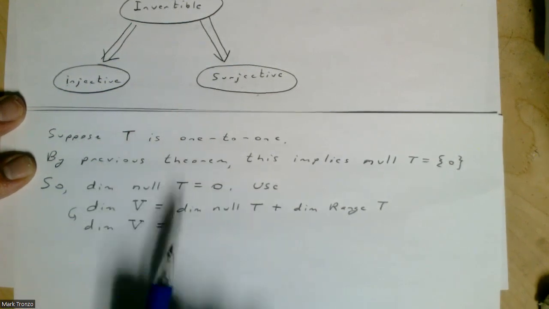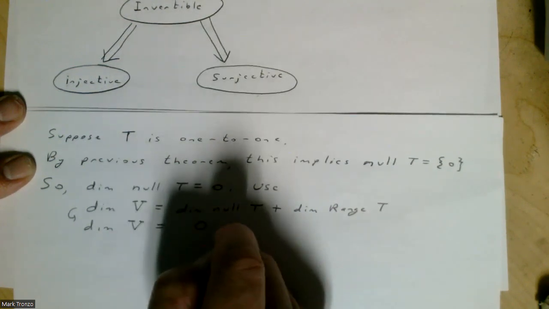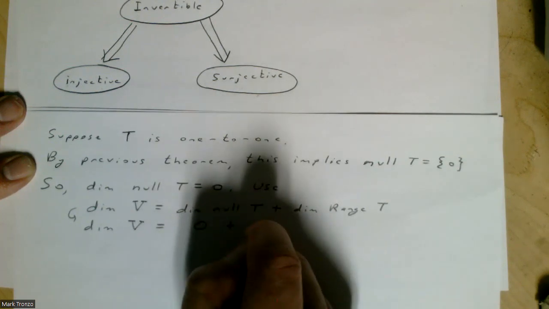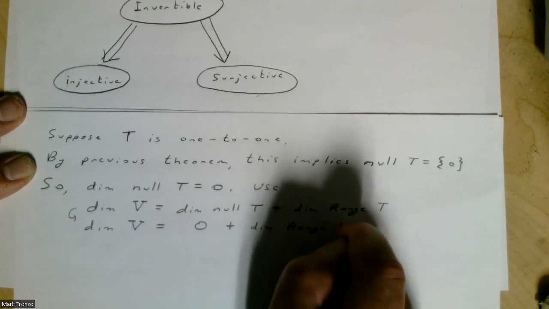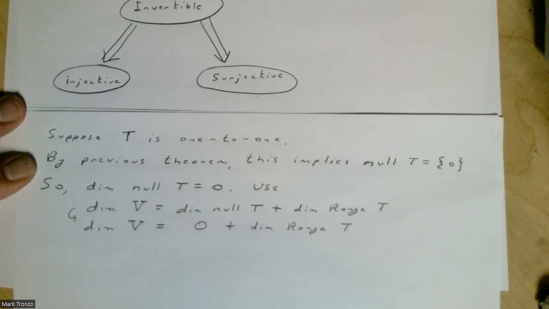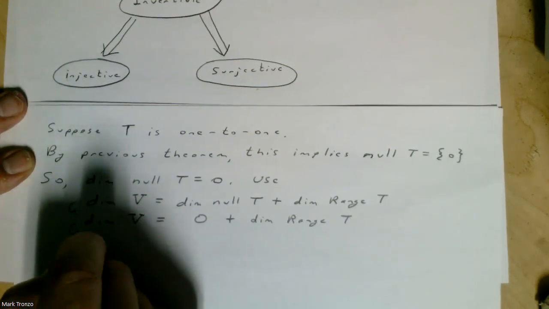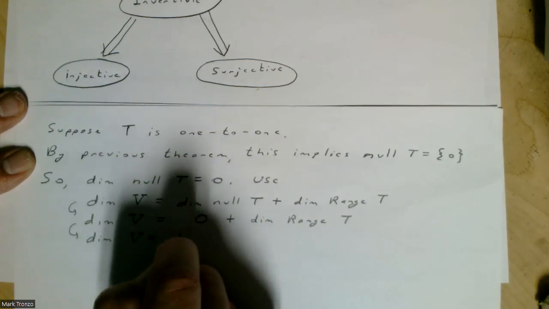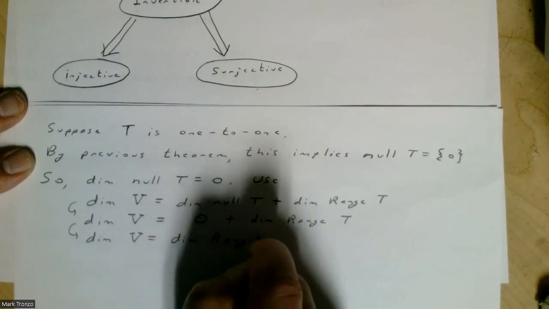Dimension of V. Now we said the dimension of the null space was 0. So therefore, the dimension of V is going to be the dimension of the range of T.